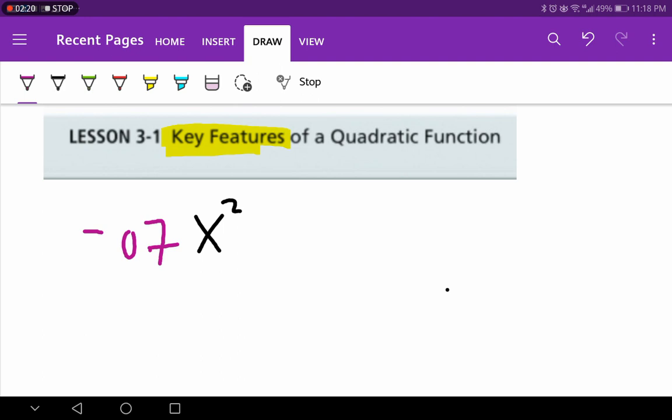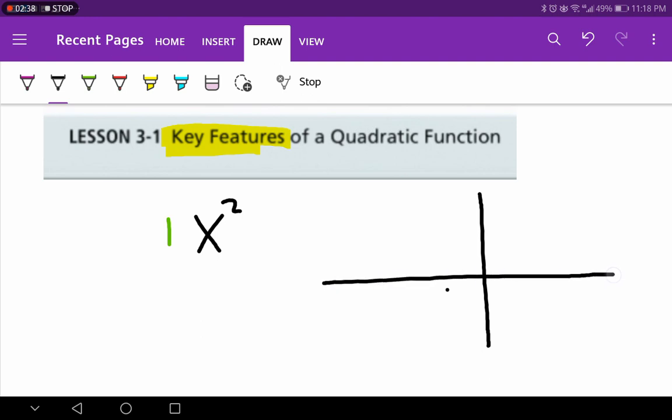But what will happen graphically? So we will graph. First of all, let us see how x squared looks when a is 1. The graph of the parent looks like this.